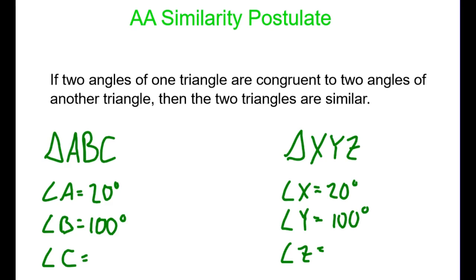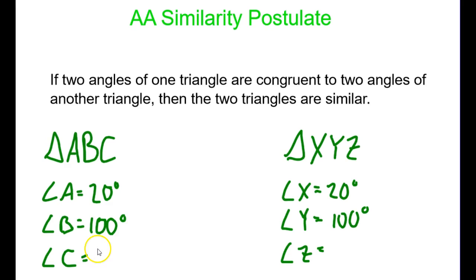For an example, suppose we have triangle ABC, where we know angle A is 20 degrees, angle B is 100 degrees. And we have triangle XYZ, where angle X is 20 degrees, angle Y is 100 degrees. So angle A is congruent to angle X, angle B is congruent to angle Y. This implies, because of the triangle sum theorem, all three angles add up to 180 degrees.